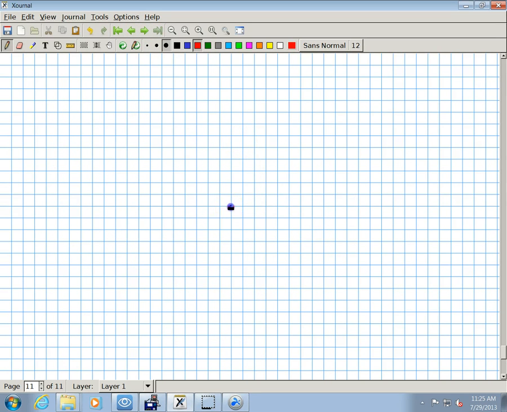So if this is the origin, negative 3, 1, 1, 2, 3 is here. So let's say the point P is at negative 3, 1. And this is just the origin. Okay? And the point Q is at 2, 4. So over 2, up 4. So Q is at 2, 4. And let's say that defines the vector PQ.